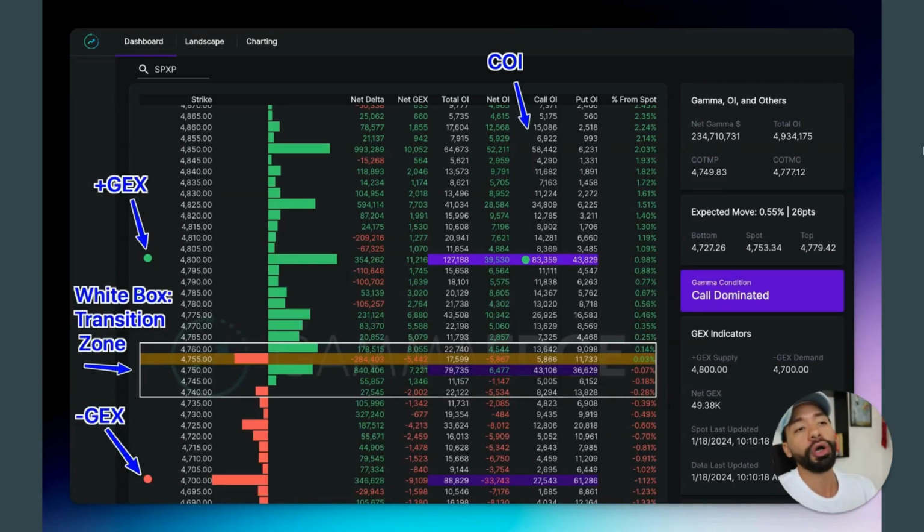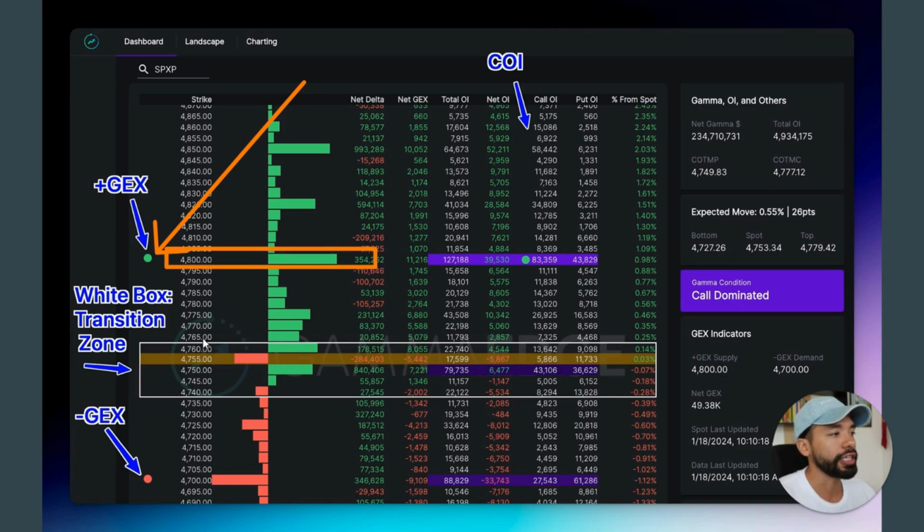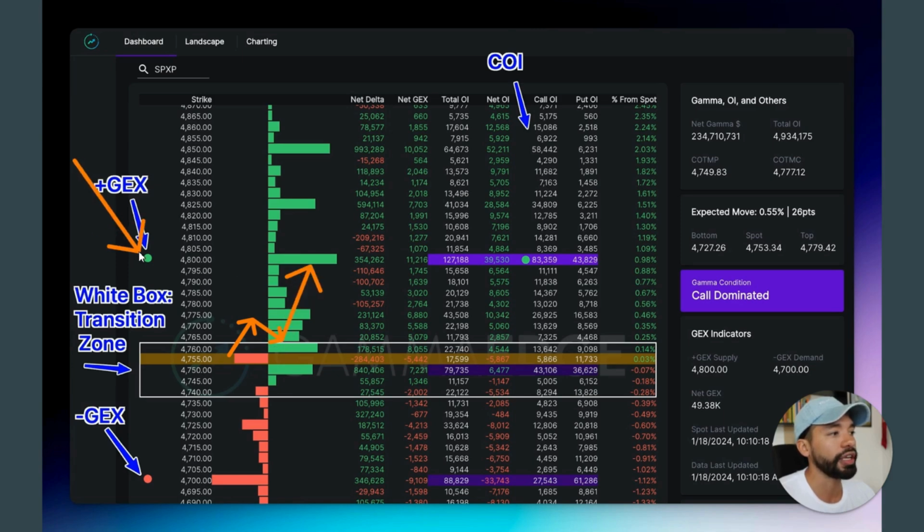And of course, if we go back to the image here, you can see it more clearly. Here's going to be the positive GEX. Remember that we were talking about this being the highest level of positive gamma exposure. So for example, if you're trading above this 4,760 level, then you expect that if price breaks above this level and perhaps retests it, the first target is going to be that positive GEX above it.